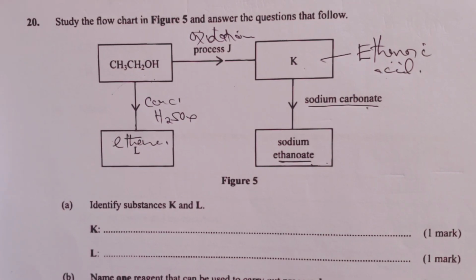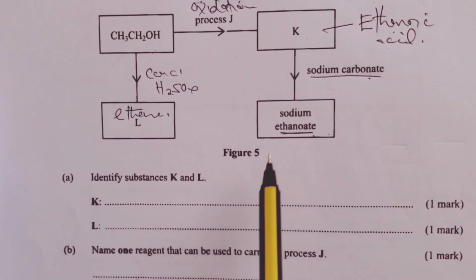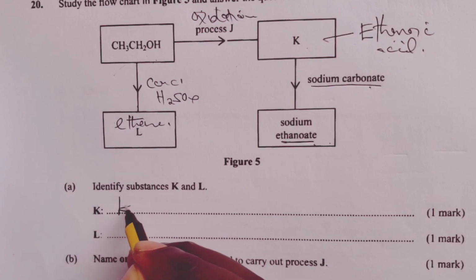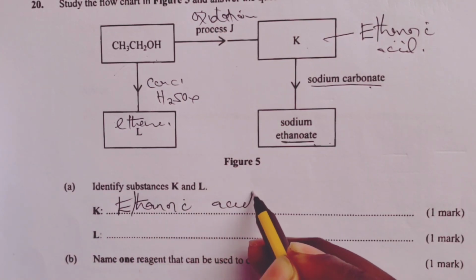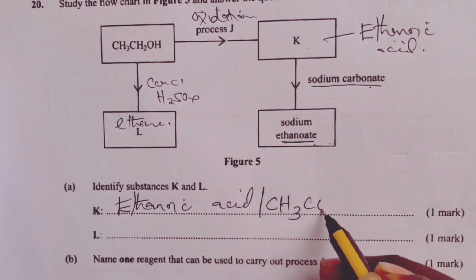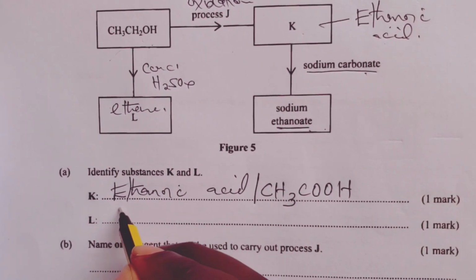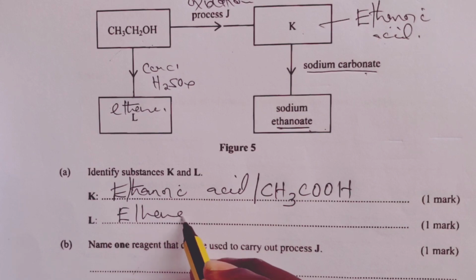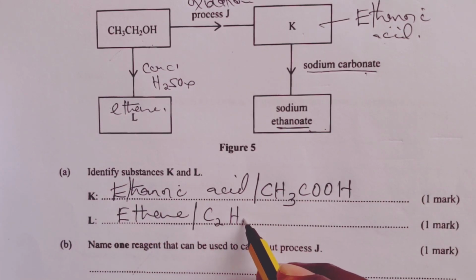Now, to the questions. Identify K and L. K, ethanoic acid, as we've just discussed, and of course we allow you to use symbols as well, CH3COOH. L is ethene, and again we allow symbols, C2H4.